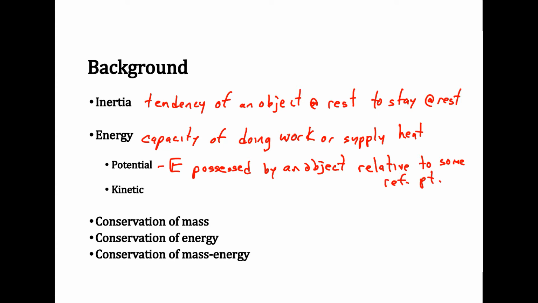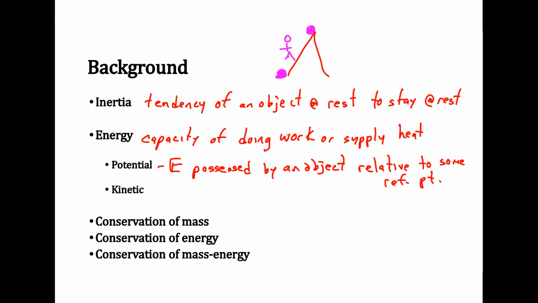So that is to say that, let's say that we have a mountain here, and then we have two different boulders. We have one boulder that's down on the ground, then another boulder that's towards the top of the mountain. Each one of these boulders, relative to some person standing here, let's say this is our reference point, has a different amount of potential energy.